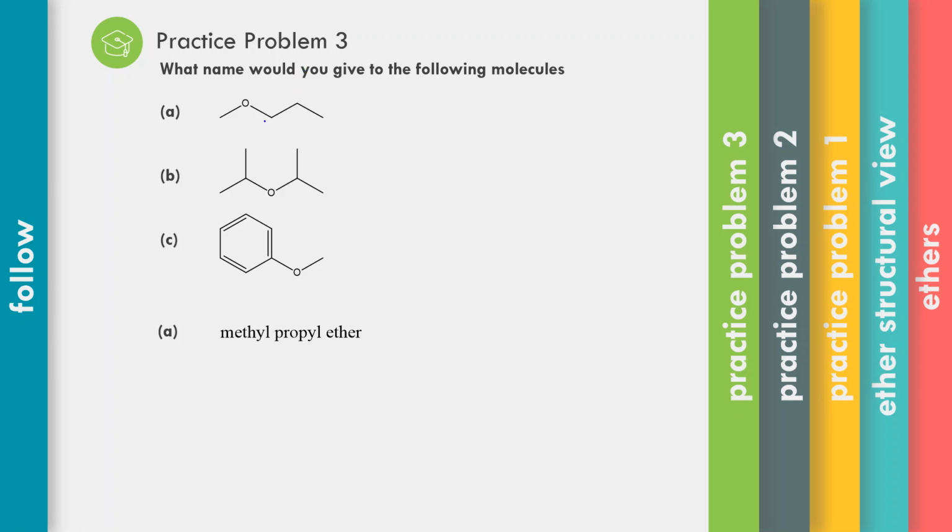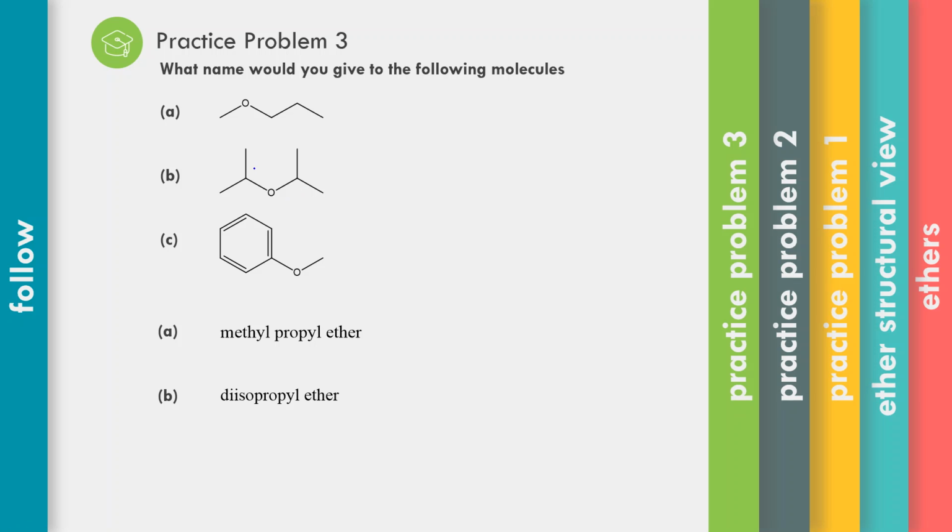Alternatively, you could call it propane because there are 3 carbons, and on the left it's methoxy. So it would be 1-methoxypropane, because methoxy is a substituent. The second one would be diisopropyl ether.